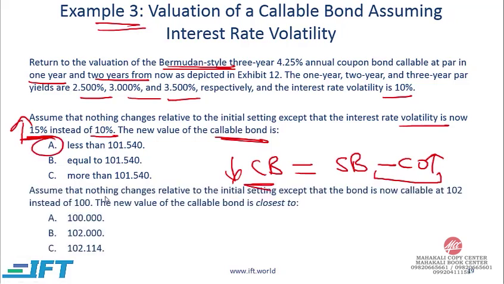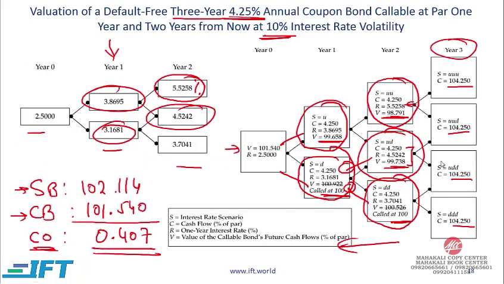Next, if the bond is now callable at 102 rather than 100, what's the new value of the callable bond? To answer this question, we need to go back and look at the interest rate tree. So if you notice here, the value of the bond is never more than 102.